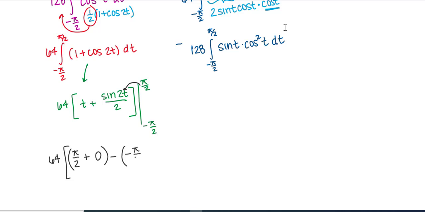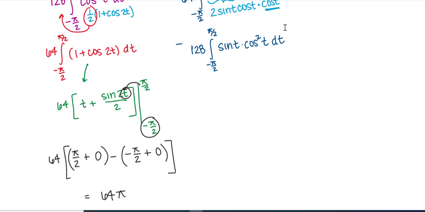So that would be t, negative pi over 2. And same thing, I have sine of negative pi once I substitute that in that second term, which gives me 0. And so I have pi over 2 plus pi over 2, which will give me 64 pi. Okay, now let's work on that second integral.